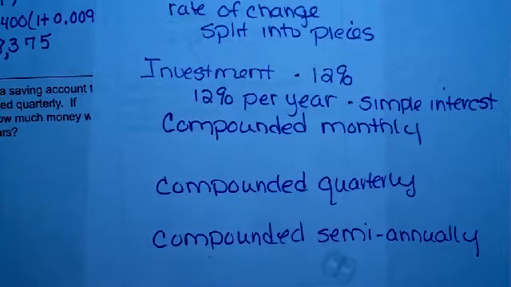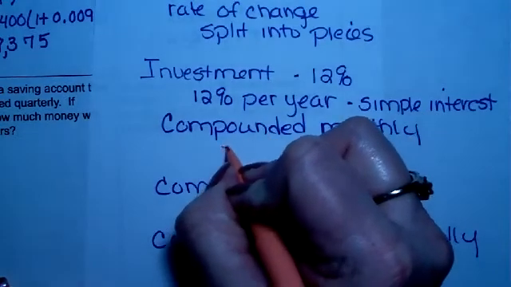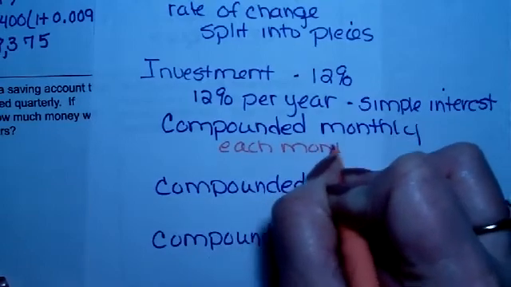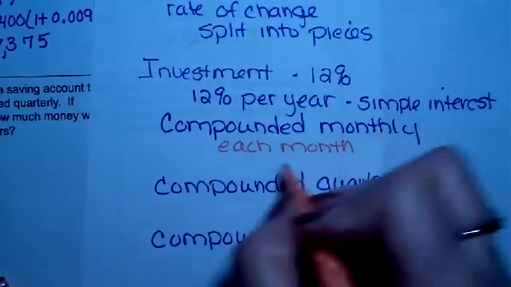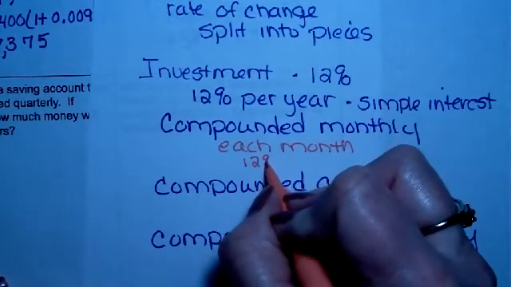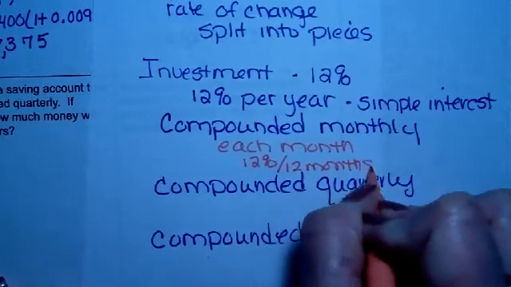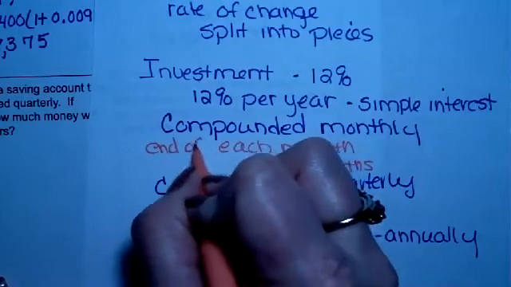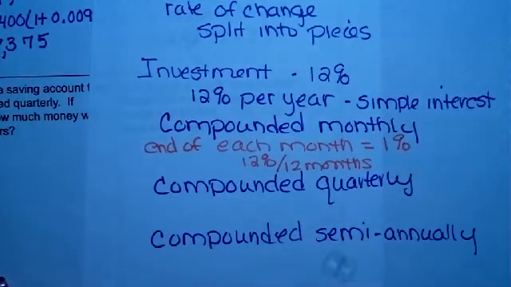They're going to pay you interest each month, but they're not going to pay you 12% each month. What they're going to do is take that 12% and divide it by 12 months. So at the end of each month, what you basically are going to get is 1%.